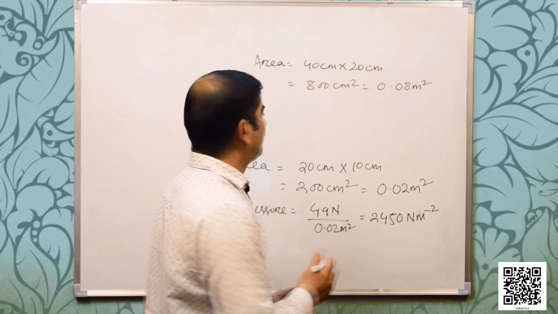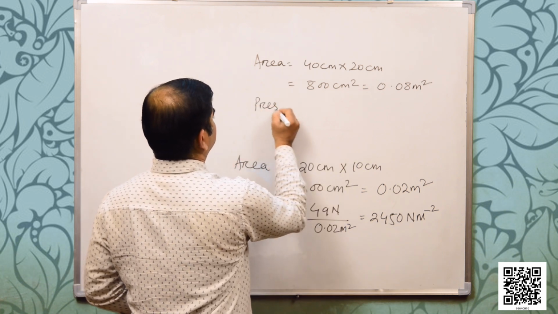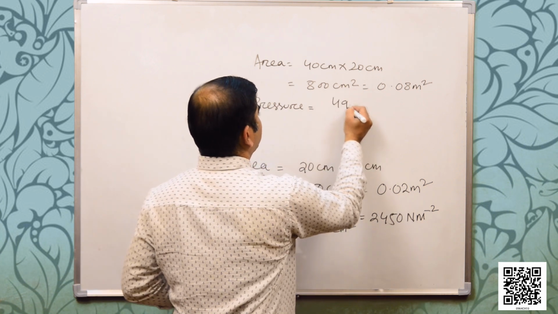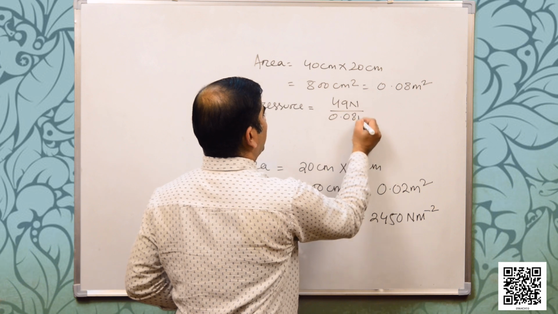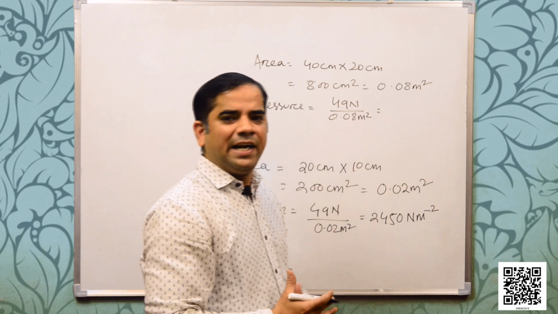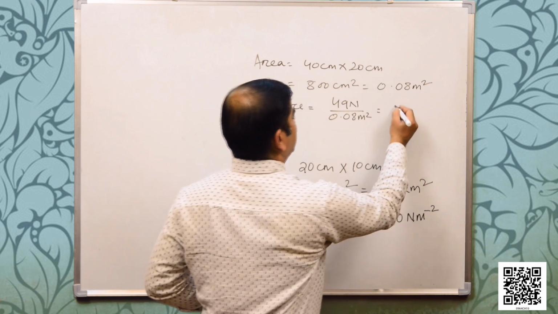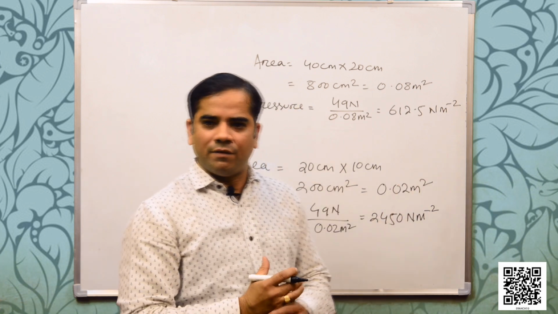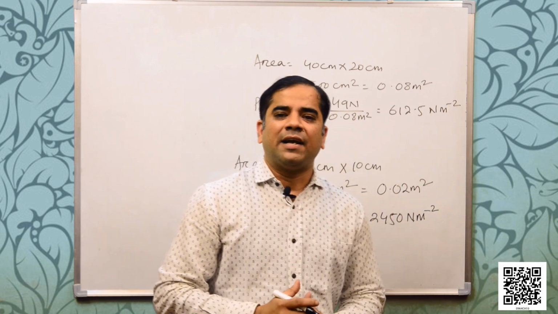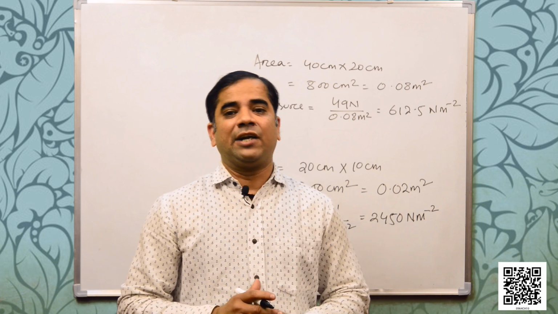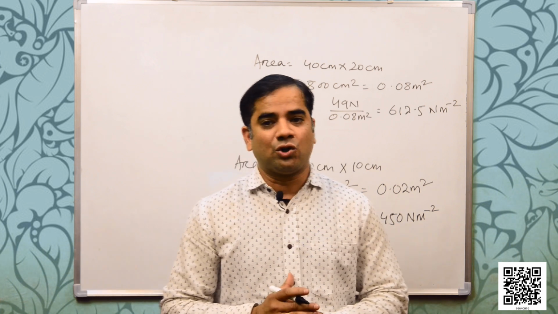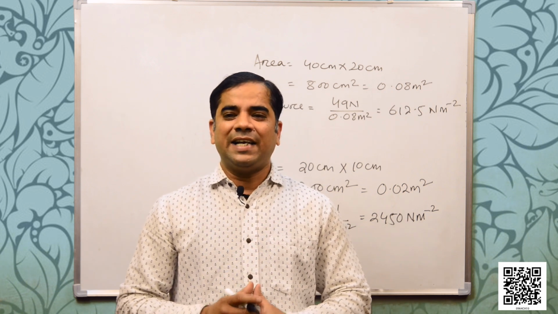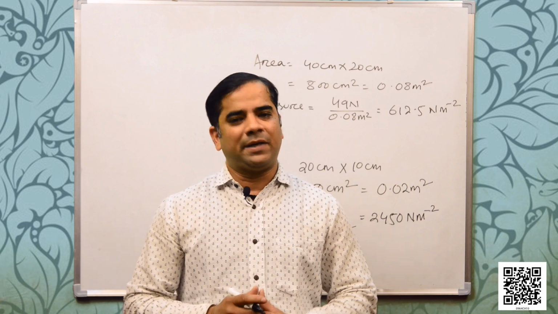In this case, pressure is equal to 49 Newton divided by 0.08 meter square, and when we calculate, it will give us a value of 612.5 Newton per meter square. So, the pressure exerted by the side 20 centimeter into 10 centimeter is 2450 Newton per meter square, and by the side 40 centimeter into 20 centimeter is 612.5 Newton per meter square.